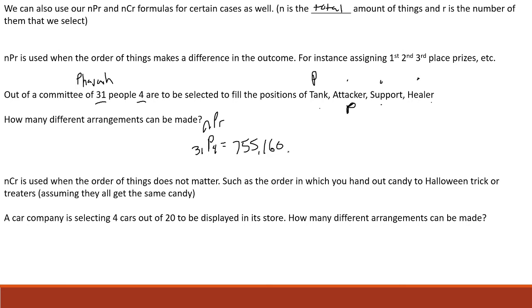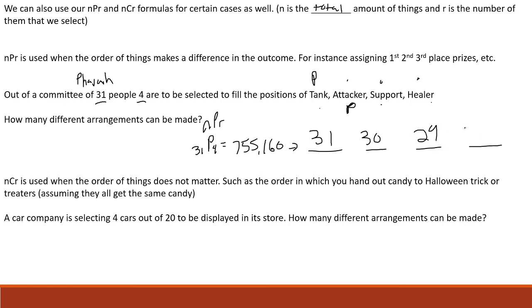What this really does is what we did before: it splits into 4 cases. Of the 31 people, how many can be the first person, the tank? Any one of the 31. If this person's a tank, they can't be an attacker, so I only have 30 people to be an attacker. If this person's an attacker and I already have a tank, I only have 29 people that can be support.